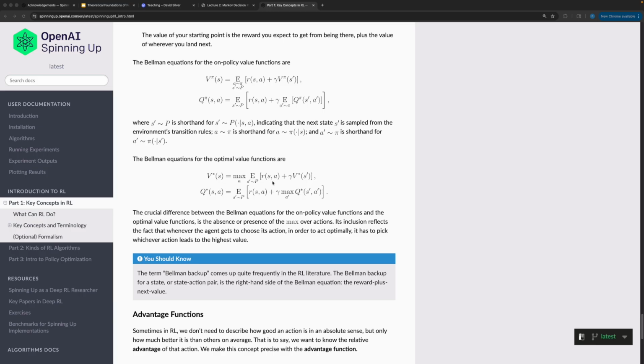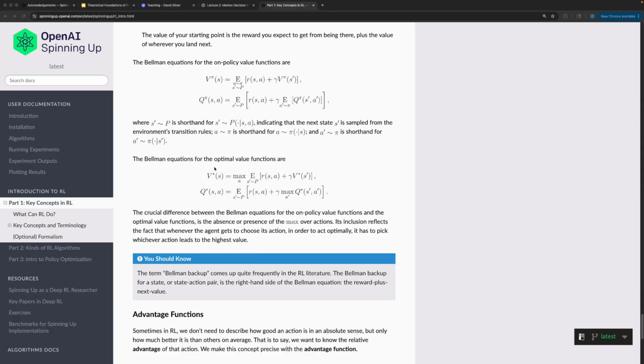So V star s is the maximum over all actions of Q star sa, and Q star sa is the immediate reward R sa plus gamma times the value function V star of the next state s prime, where s prime is sampled from your transition matrix. And we saw that V star of s prime is equal to the max over all a prime of Q star s prime a prime. So you can replace this with this, and we get a relationship of Q star sa in terms of Q star of the next state and all other actions a prime.